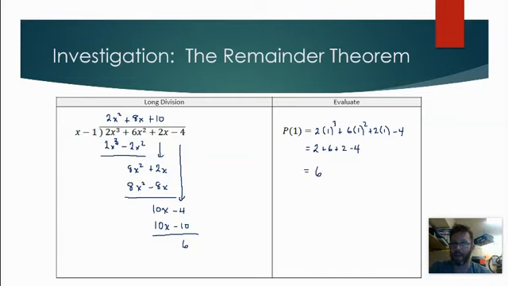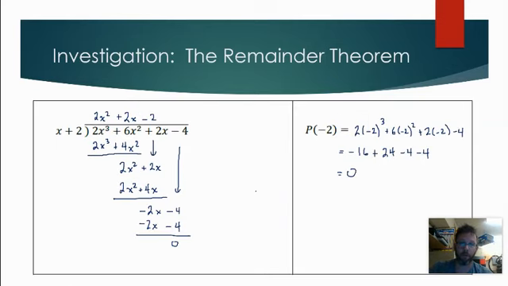So when you divide by x minus 1, that corresponds to a root of 1. You get 6 when you plug it in the function, and you get 6 when you divide by x minus 1. For the next one, when we divide by x plus 2, that's a corresponding root of negative 2, and you get 0 as the remainder, and you get 0 when you evaluate the function at negative 2.